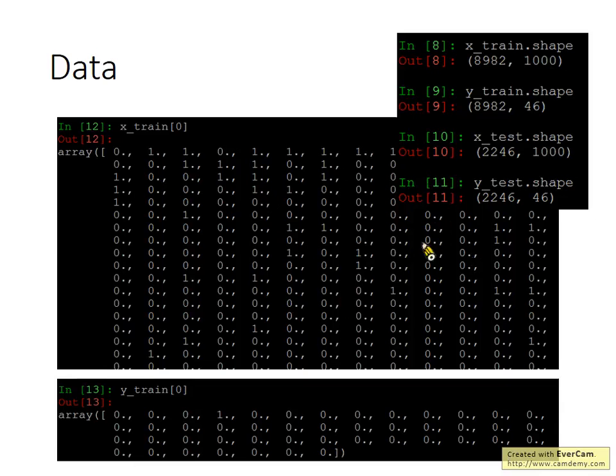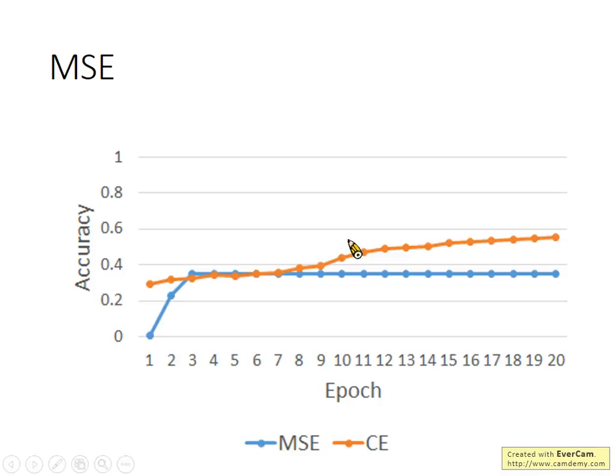So we have some toy data, and we measure the total loss in different ways, maybe by mean square error or cross entropy. When the number of epochs increases, the training accuracy may also increase to some extent. In this case, using cross entropy is better.